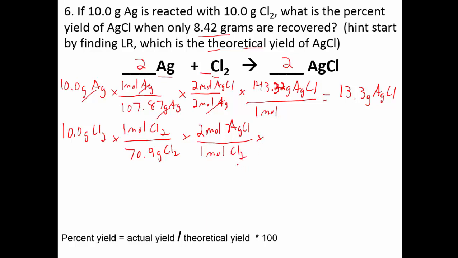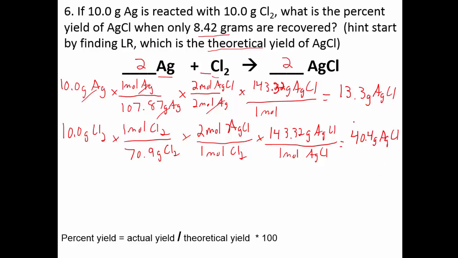And our last step, same periodic table, 143.32 grams of silver chloride is 1 mole of silver chloride. So in the end, it shows that we can produce about 40.4 grams of AgCl.